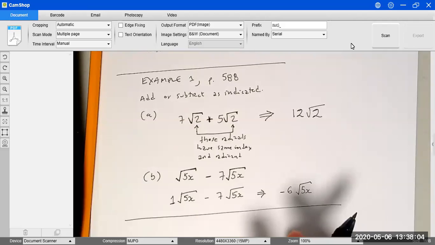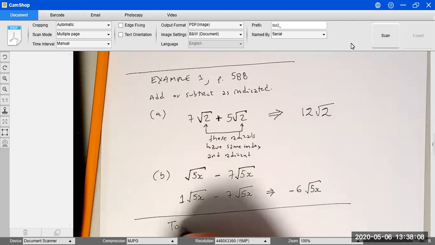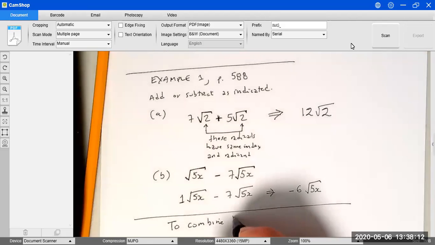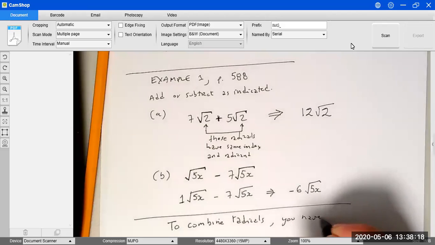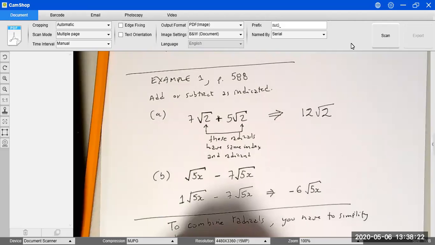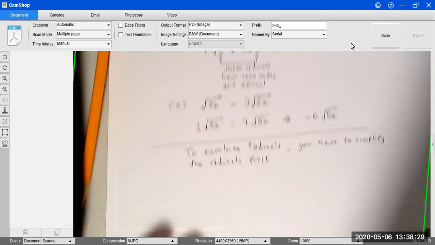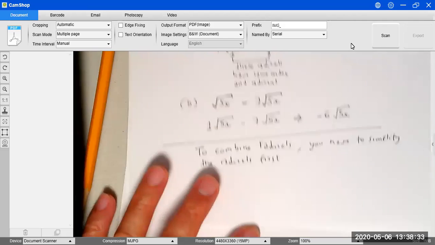Sometimes, to combine radicals, you have to simplify the radicals first. You're going to understand this once I work example 2.